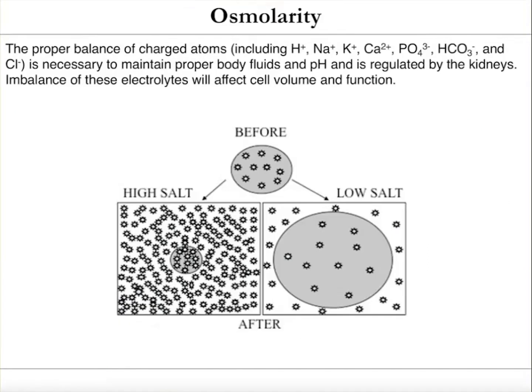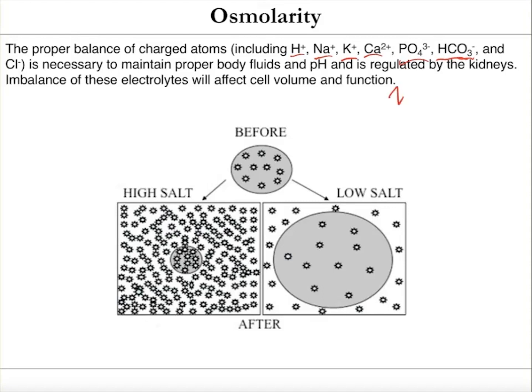Another important feature when you're thinking about water and living systems is osmolarity. This is the proper balance of charged atoms such as protons, sodium, potassium, calcium, phosphate, carbonate or bicarbonate, and chloride, which is necessary to maintain proper body fluids and pH.